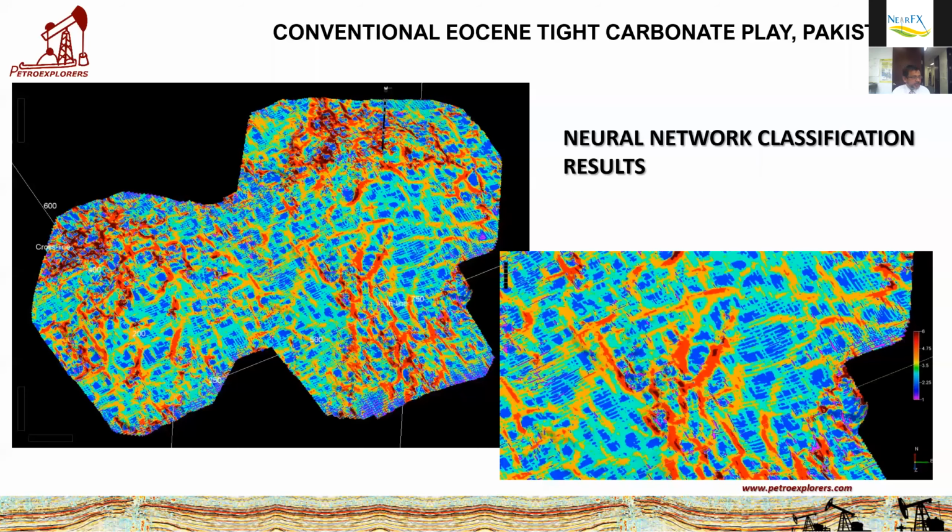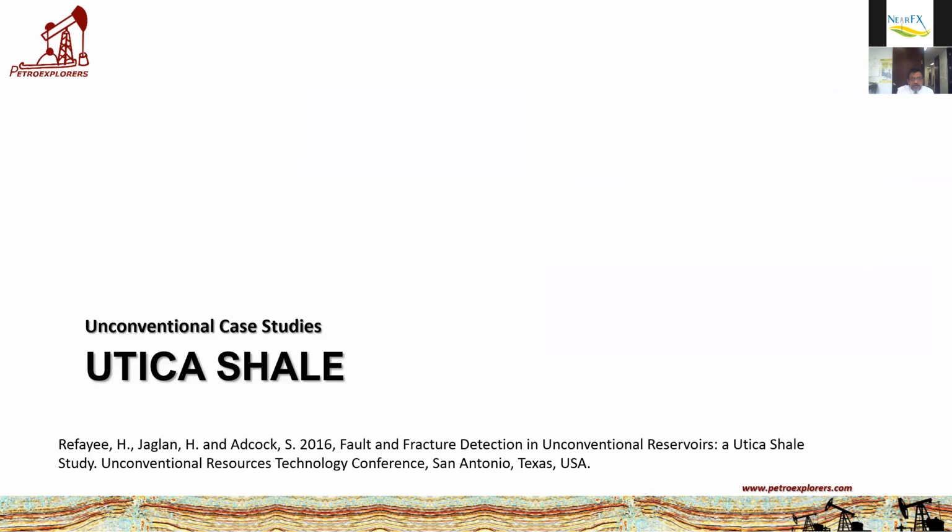With various attributes, you can use RGB blending, or you can use neural networks to define the common area. So you have a complete fault system separating out. Although the fault terminates below this, so you won't see the fault normally, you would see it by the curvature analysis.